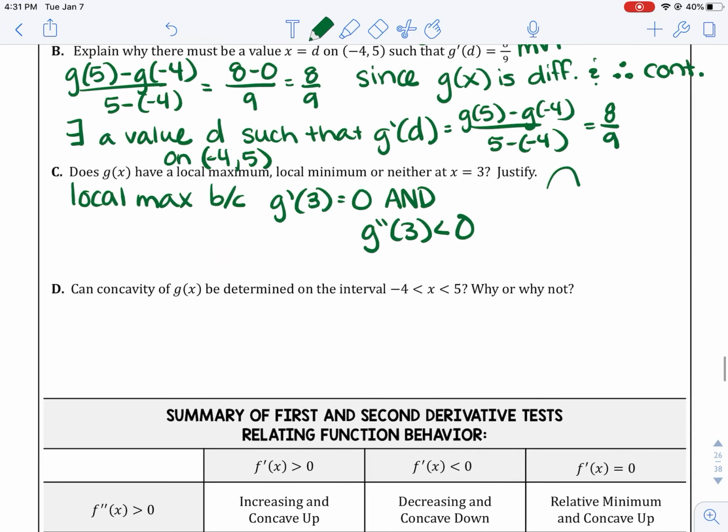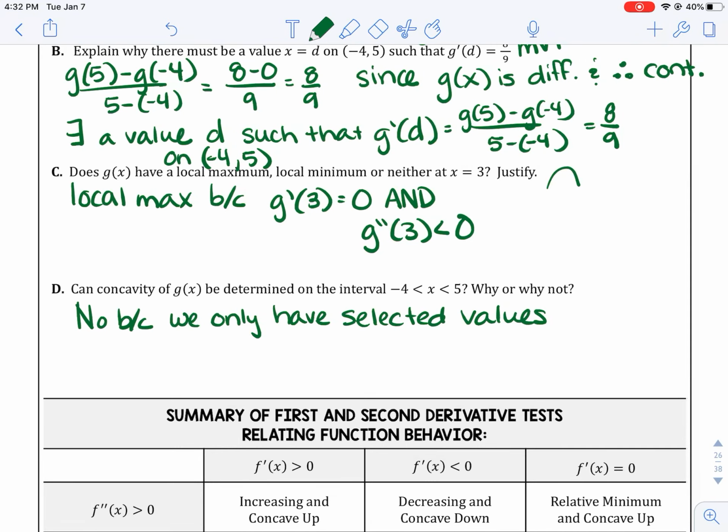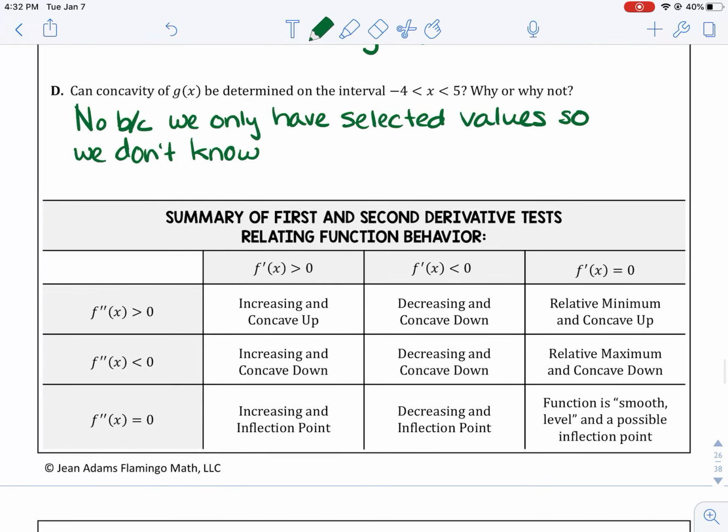Okay, it's only just giving us selected values. Yeah, I'll just leave it at that. We don't know. So not enough information.